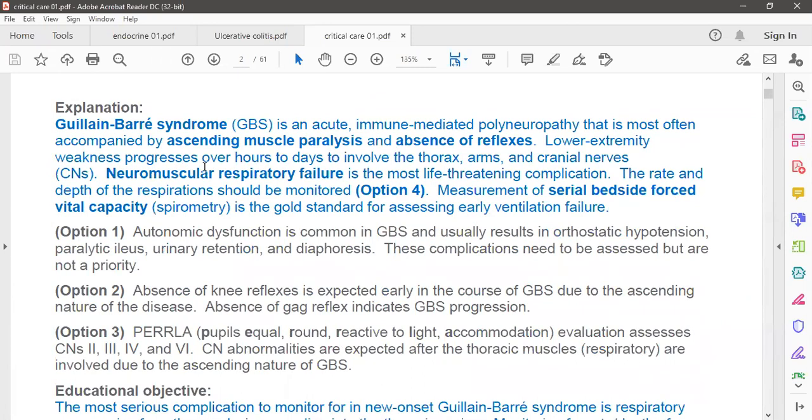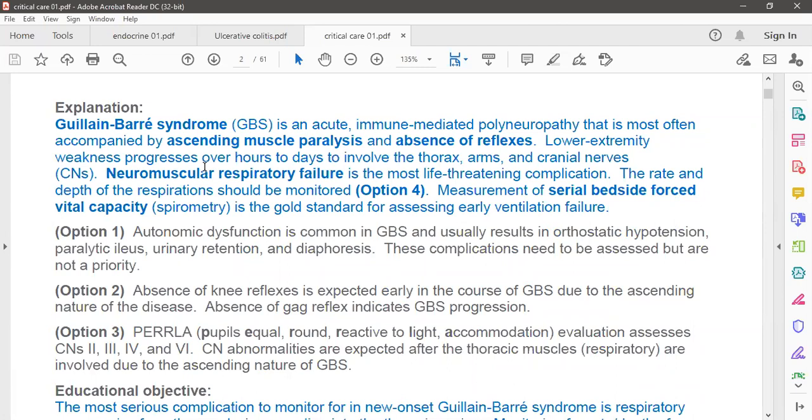The rate and depth of respiration should be monitored, and measurement of the serial bedside forced vital capacity of the lungs is a good standard for assessing early ventilation failure, right?